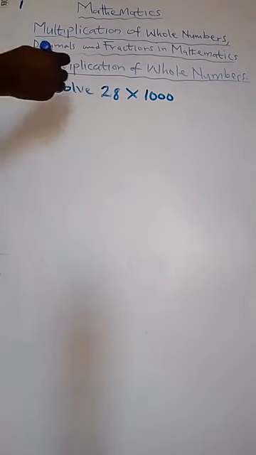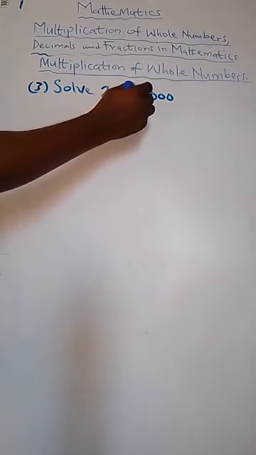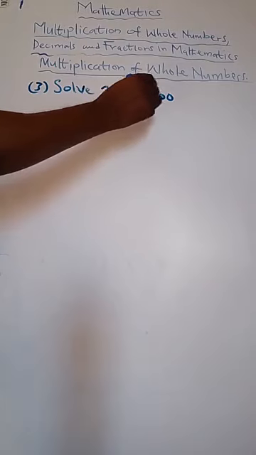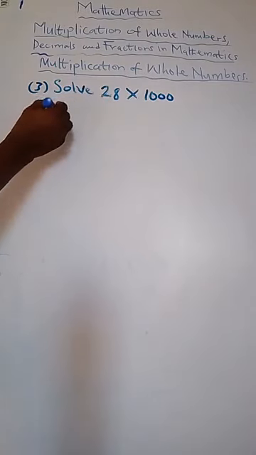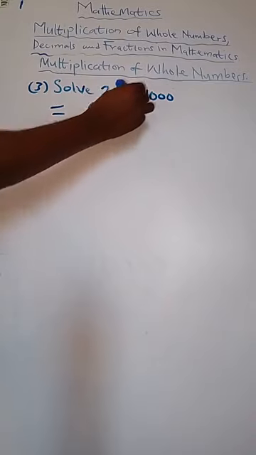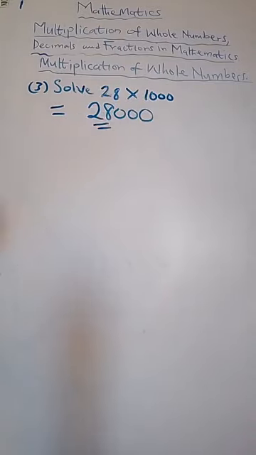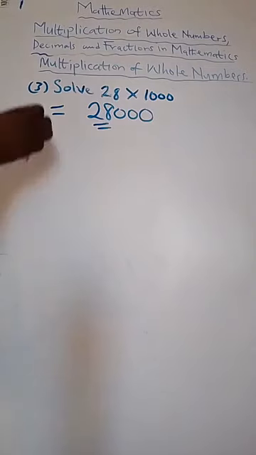When you see this kind of question, you don't need a calculator, you don't need to go through the long multiplication process. Just make it simple for yourself. What you need to do is place all the zeros in 1000 behind 28, then you arrive at the correct answer. So 28. Place the first zero, place the second zero, place the third zero. And this is your what? Final answer. You don't need a calculator, you don't need to go through the long multiplication process to get this done.